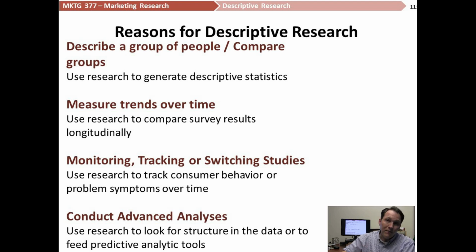We can also use descriptive research to conduct advanced analytics. And this is where the boundaries of this class begin to show, and if you're really interested in these advanced analytics, then you really need to go into a graduate program like the SIUe MMR program, of which I'm a graduate, to learn how to do some of these things. And there's some really cool stuff that you can do with descriptive research.